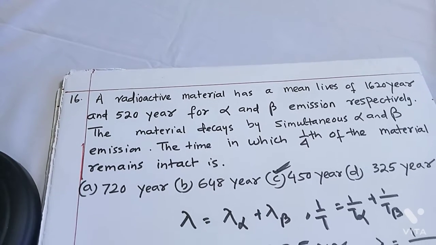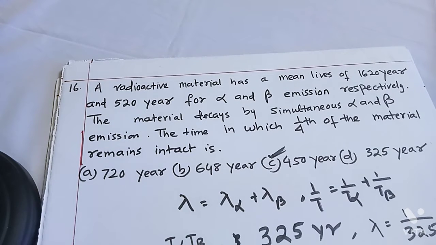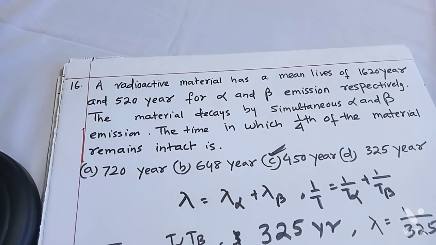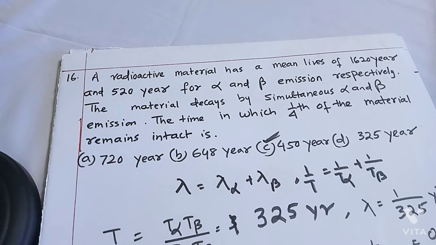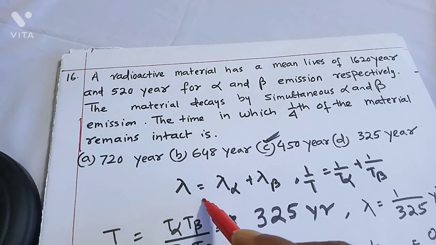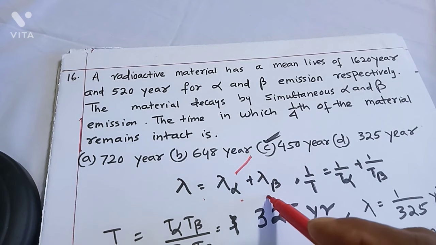Now we know for a composite process, here alpha emission and beta emission take place simultaneously, and for a composite process the decay constant is equal to the sum of the decay constants for the individual processes.